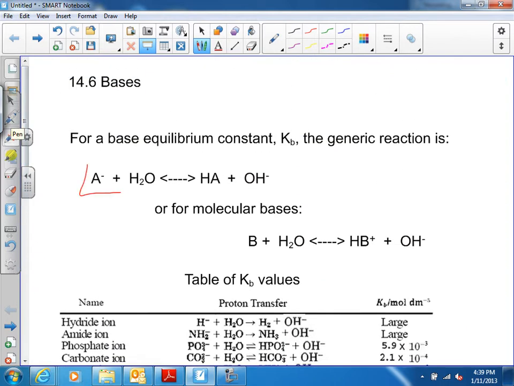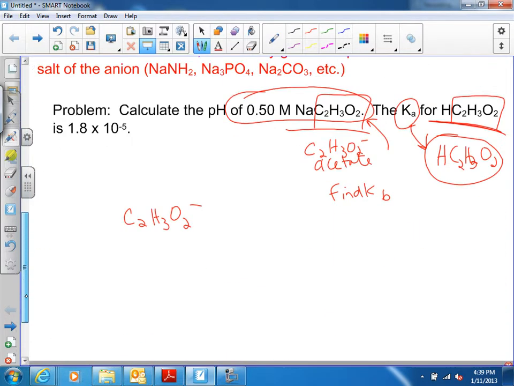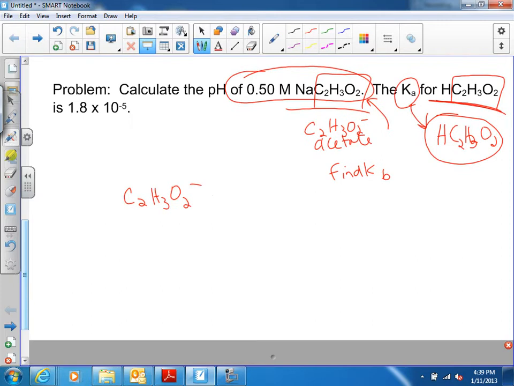We've got the negative ion. So this would be the form of the reaction that we're going to write. This A minus right here is the acetate anion. So here's my acetate anion. I add water to it. The reaction can go in both directions. I make the conjugate acid, and hydroxide.